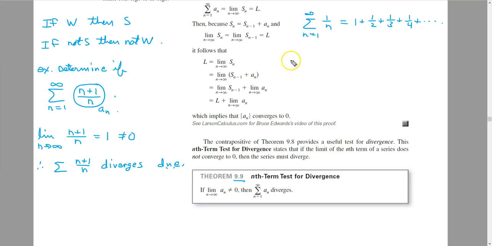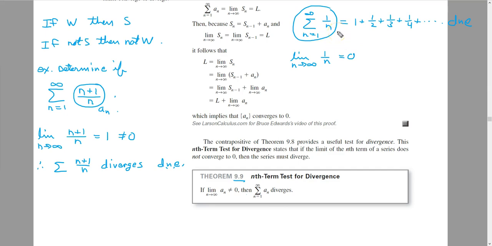Now, you'll notice that the limit as n goes to infinity of the an terms is 0. But this does not imply that this series converges. In fact, it actually diverges. This series does not exist. And we'll prove that later on. We're not in a position to prove that right now. But my point is that just because the ANs may converge to 0 doesn't mean your series converges.